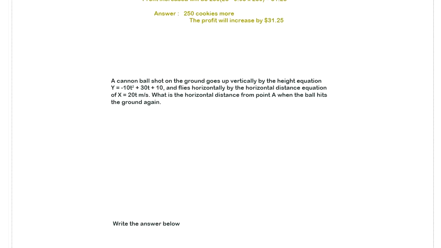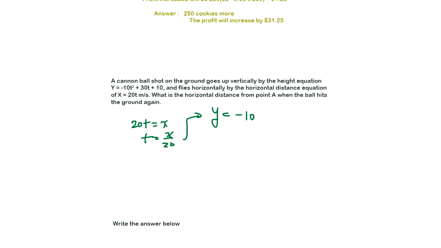What you do is 20t is x, so t is x over 20, and you put that into y: x over 20 squared plus 30 x over 20 plus 10.